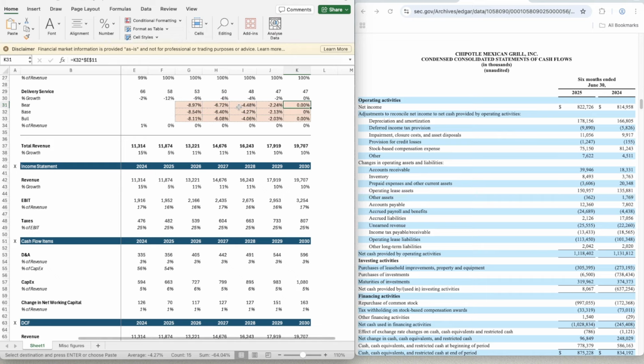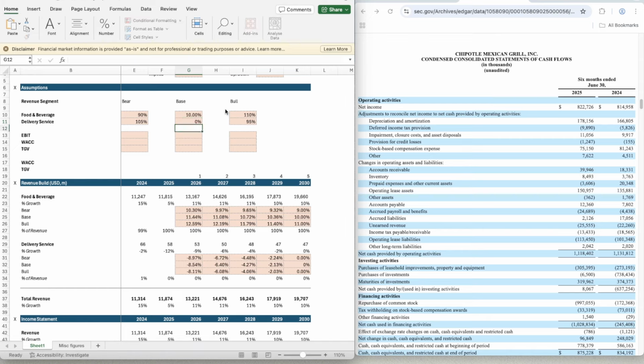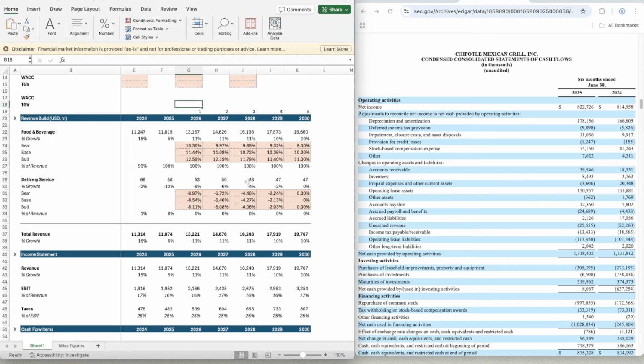Oh, 1 second. Let's give it a couple more. It's not vital, but it just makes it look a bit cleaner.